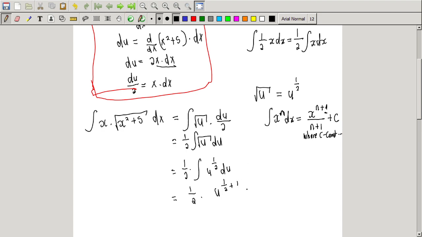We add 1 everywhere, divided by 1 over 2 plus 1, to show that this is multiplying this, plus c, where c is a constant.